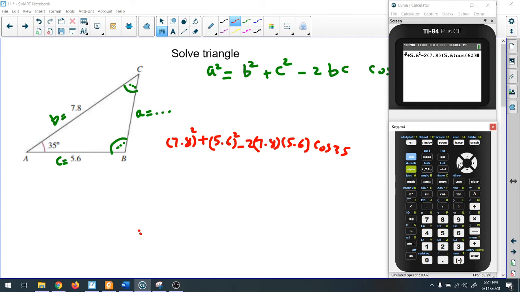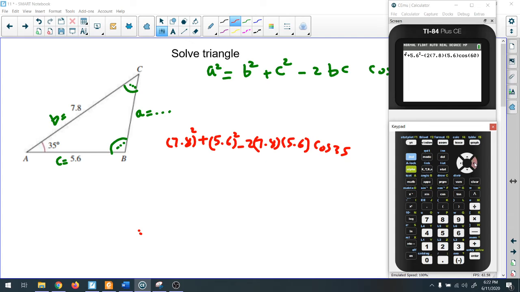Sometimes the calculation doesn't go through and it's not going to be perfect, so I would like to open parentheses for this, and then parentheses for that.